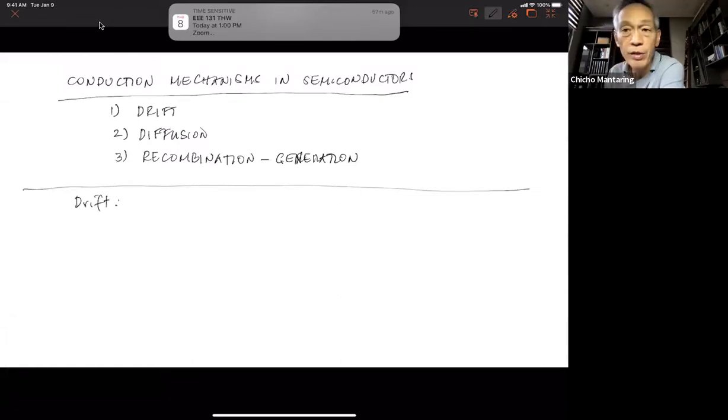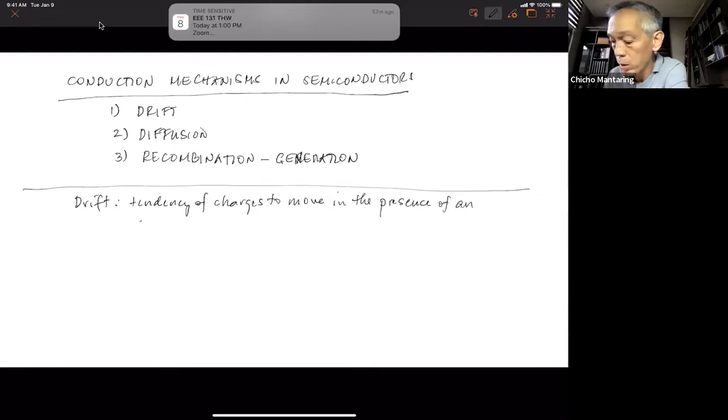What is drift? Drift is the tendency of charges to move in the presence of an electric field. When you have an electric field, your charges will tend to move.